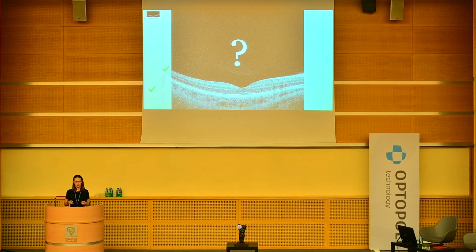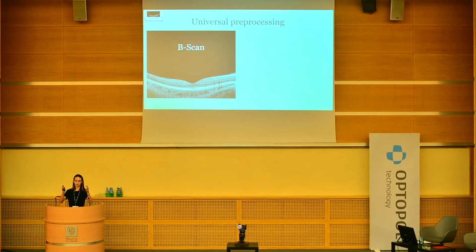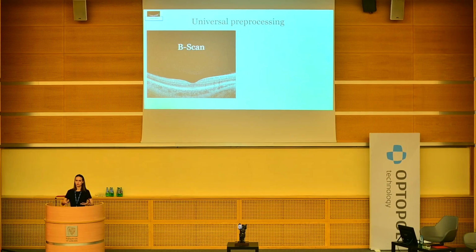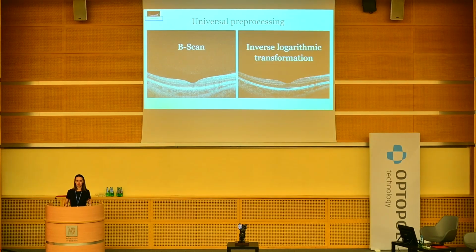And that idea starts with the universal preprocessing that takes into account the previously selected scan and applies the inverse logarithmic transformation. And that inverse logarithmic transformation is used to restore the original statistics of the B-scan tissue image, and it's also applied to emphasize the multiplicative characteristic of changes in the pixels.